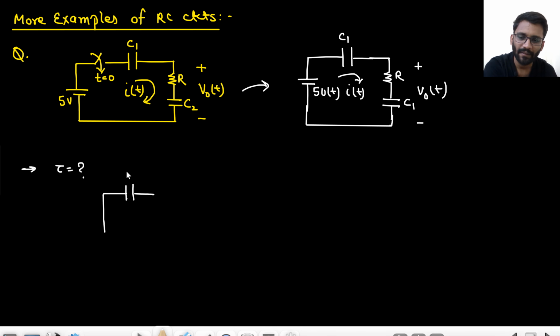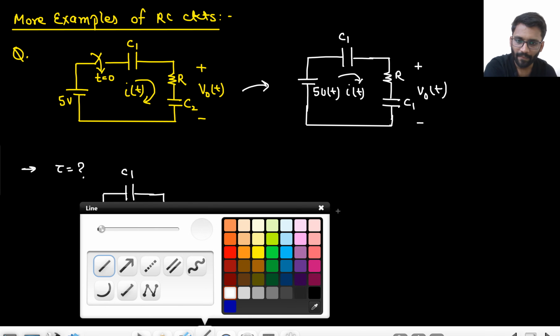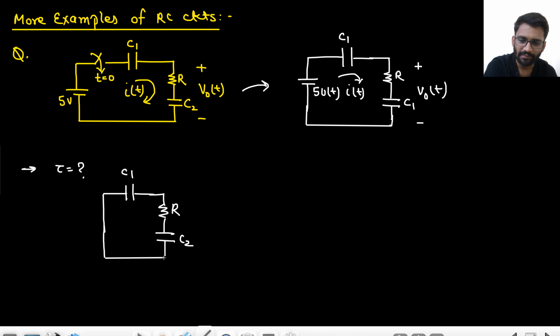This is C1. Then we will have a resistance R. Then we will have a C2. So C1, C2 are in series.